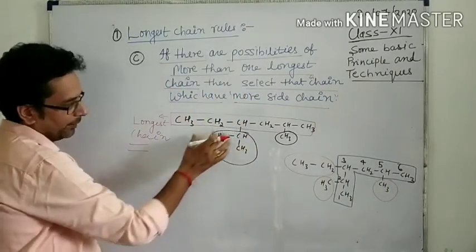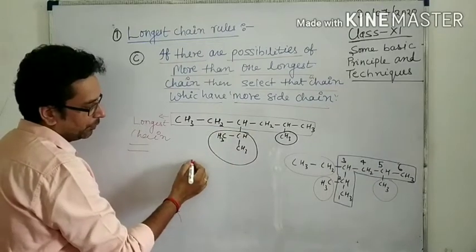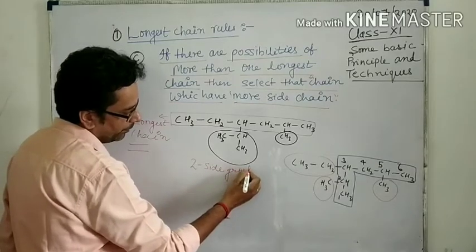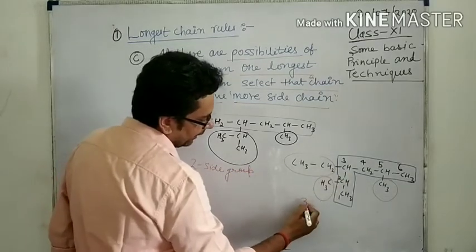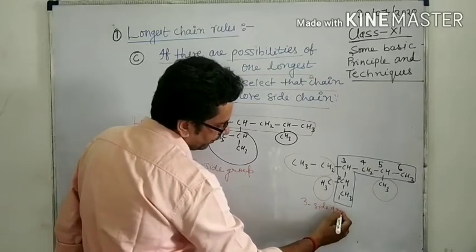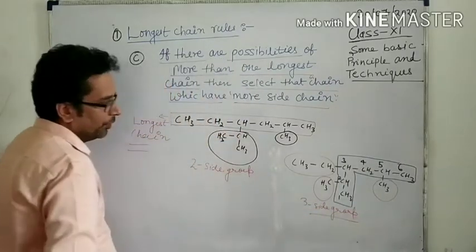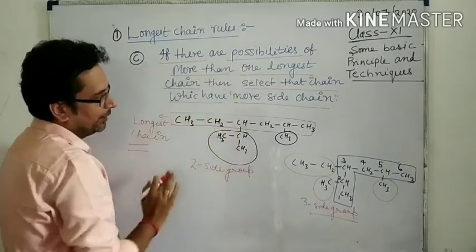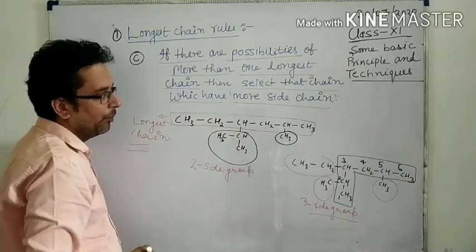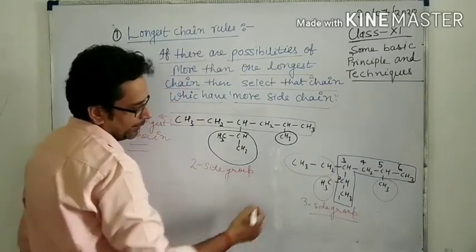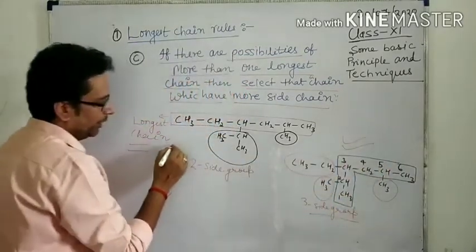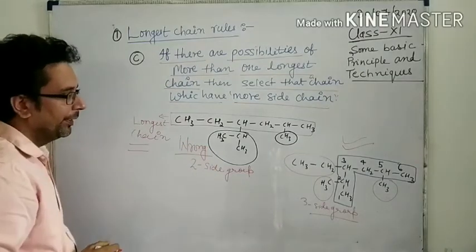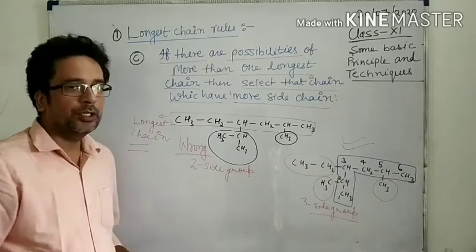So in the previous compound we have two side groups, and in this one 3 side groups or side chains. So which one is correct according to IUPAC? If there is a possibility of more than one longest chain, then select that chain which has more side chains. This one is correct and this one is wrong. So this is the last point related to the longest chain rule.